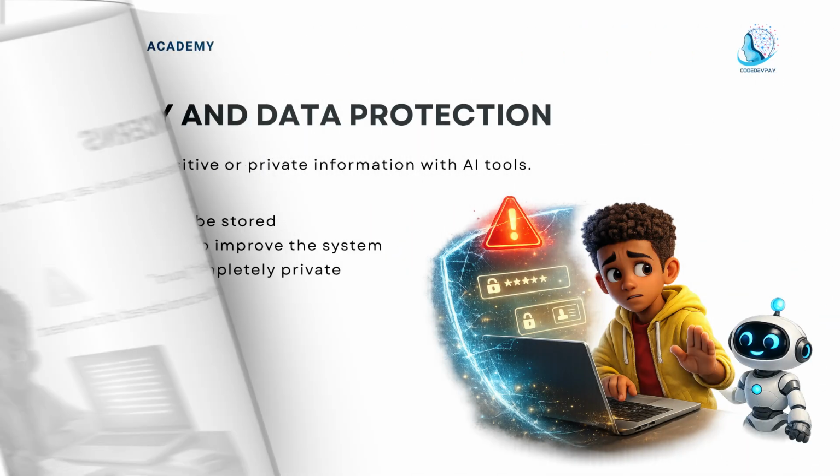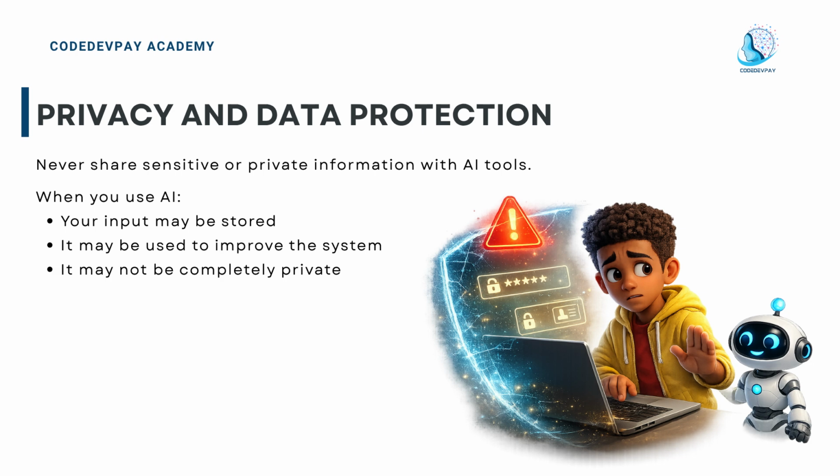The last thing to look at in this lesson is privacy and data protection. This one key rule: never share sensitive or private information with AI tools. This matters because your input may be stored, it may be used to improve the system, and it may not be completely private. We talked about how these AI are trained, and sometimes they train them based on the outputs that we get.